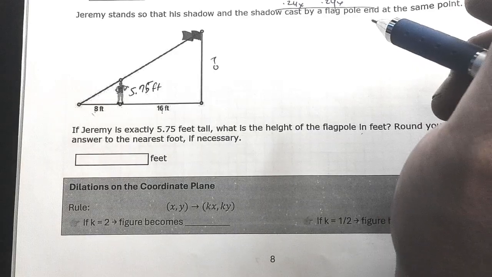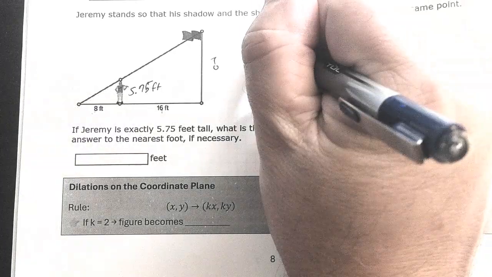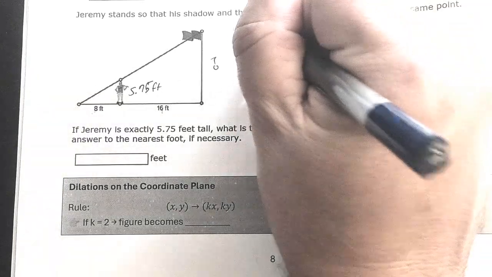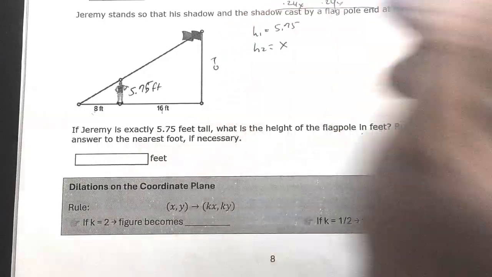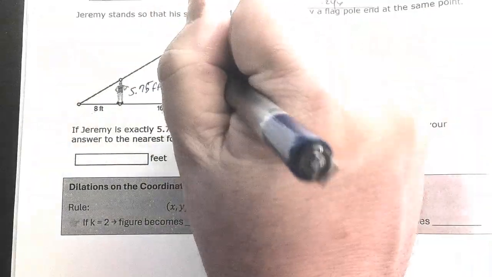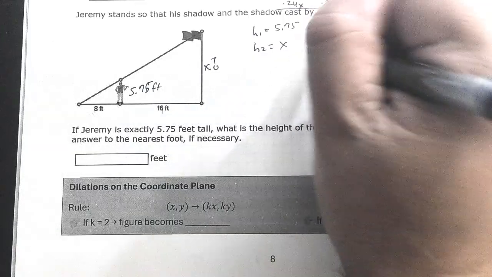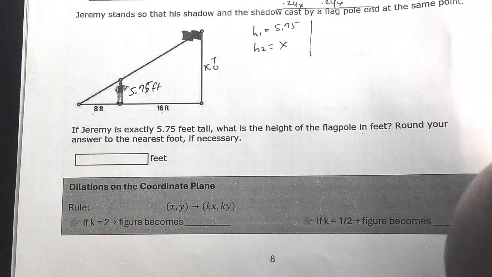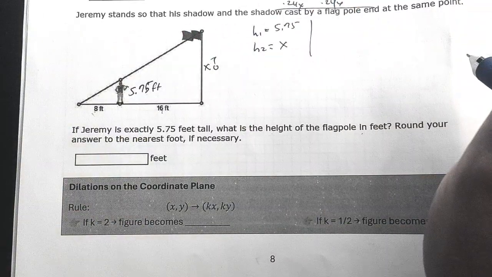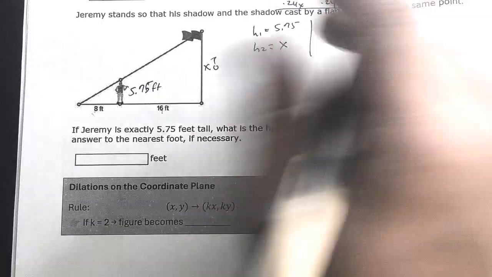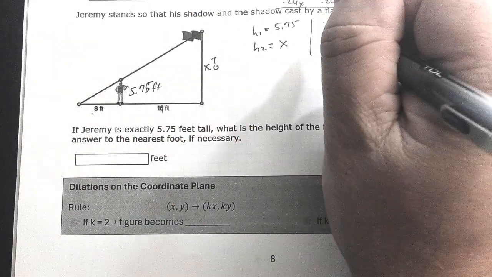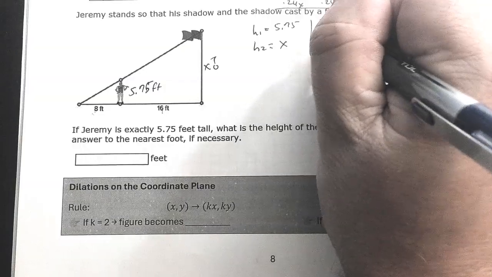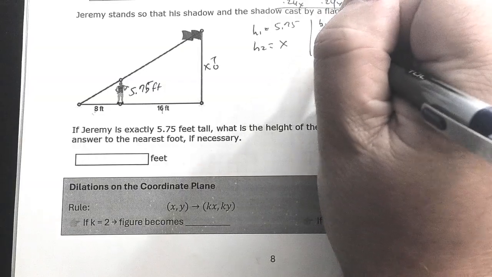So we're going to put our height 1, which is Jeremy, that's 5.75. Height 2 is the flagpole, so we'll just call it x. And then we have the base, which is the shadow. Base 1 goes with Jeremy, that's 8.